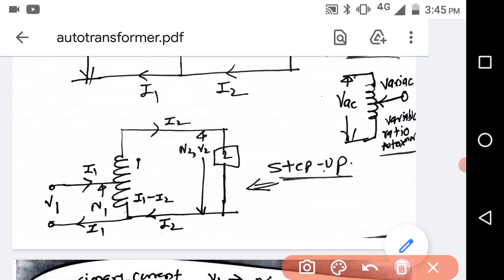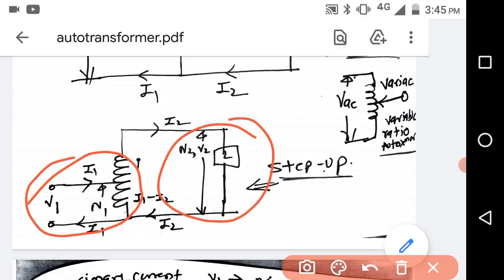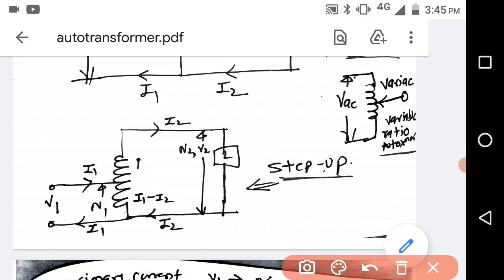This is used as a step up transformer, where step up means input voltage is less and output voltage, or secondary voltage, is more. So again here V1 is the input, primary voltage, primary current, primary turns. Then this total is the secondary, with turns N2, voltage V2, and current I2.